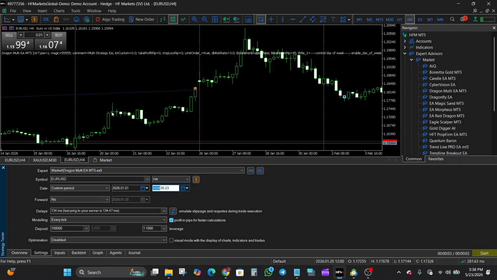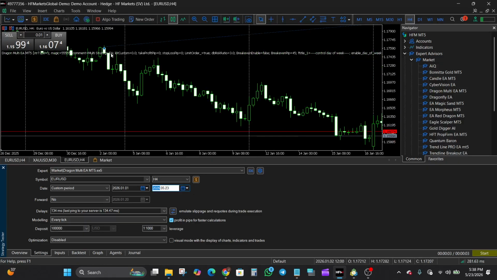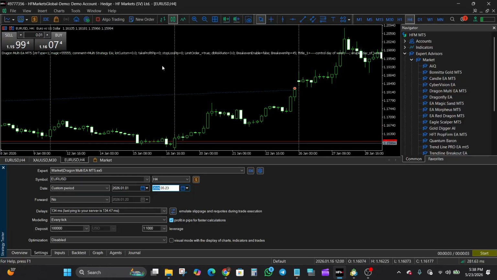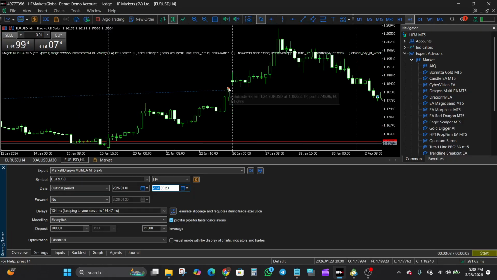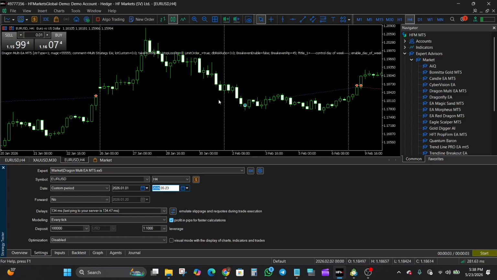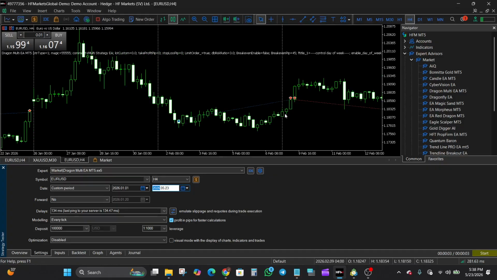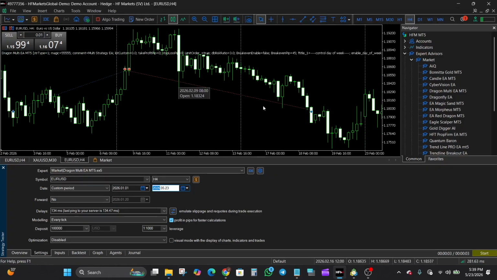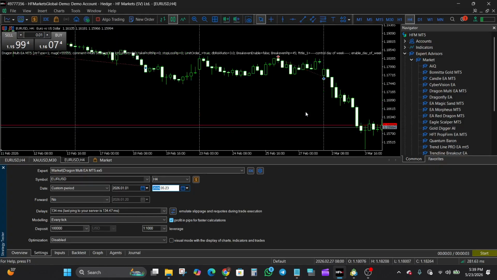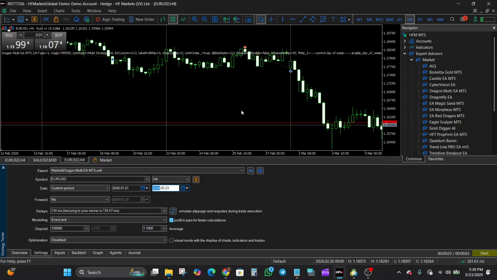It means that each candle represents 4 hours. So we can see how many days, or you can just imagine how many days this particular trade was held. It was executed here, and you can see how many candles passed before the trade was closed. And there was significant spacing between that trade and this other trade that was executed here and closed here. Another trade was executed here and closed here, right? So this EA is not the type to stack a lot of trades.